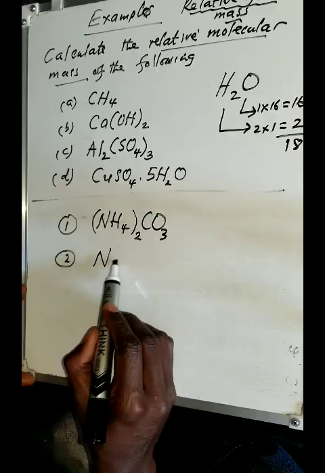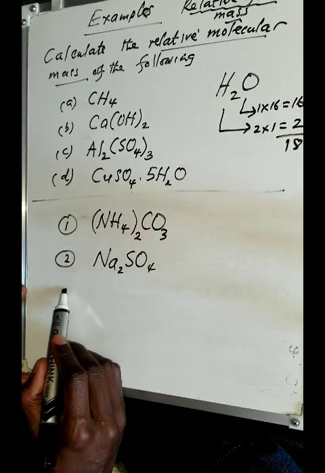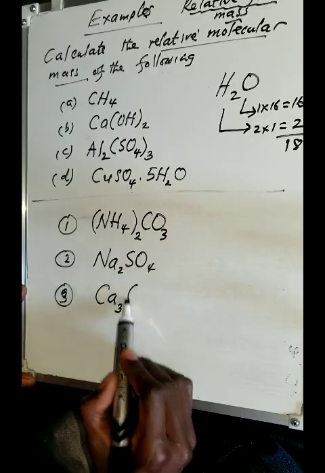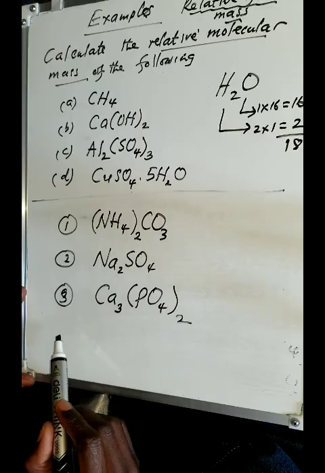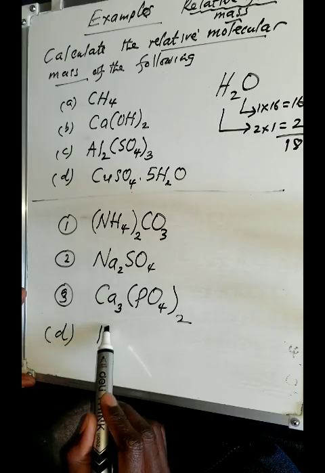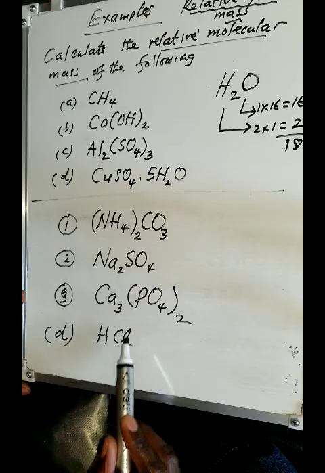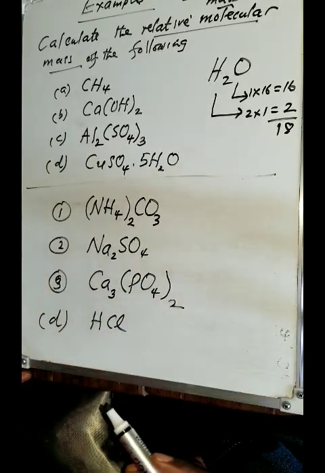You can also look at sodium sulfate, and you can look at, let's say, calcium phosphate, and so on and so forth. Then maybe you can look at hydrochloric acid. So that is what you can look at. Try to calculate the Mr and see if you're able to do it.